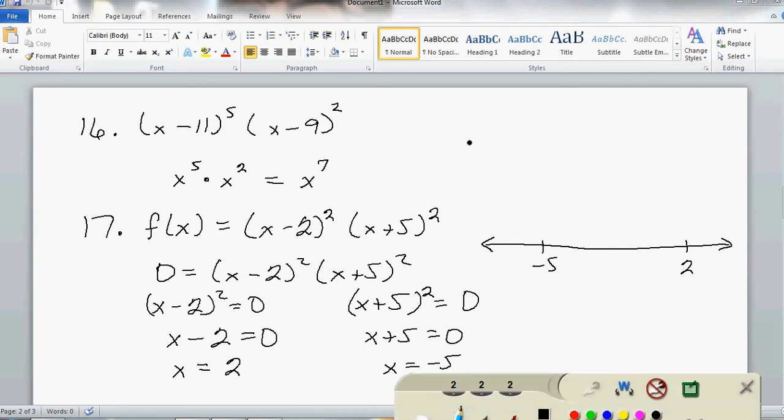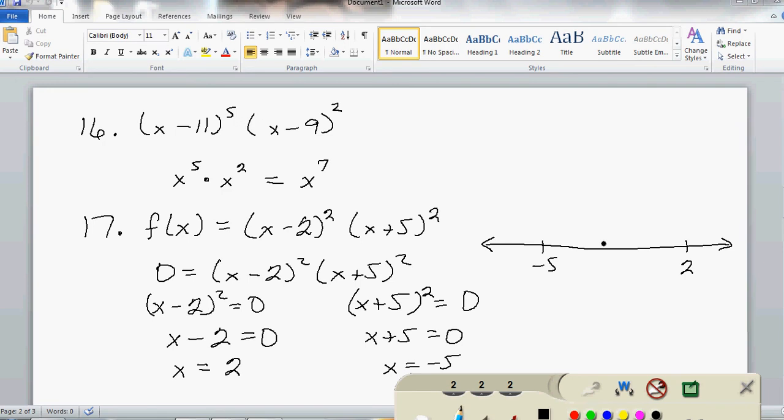That means the graph is only going to hit the x-axis right here and right here. Now, the first thing we want to determine is, is it above or below the x-axis? All we have to do is pick some value in between and plug it in to see if we get positives or negatives.